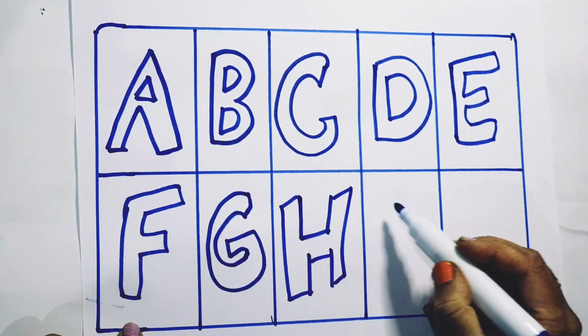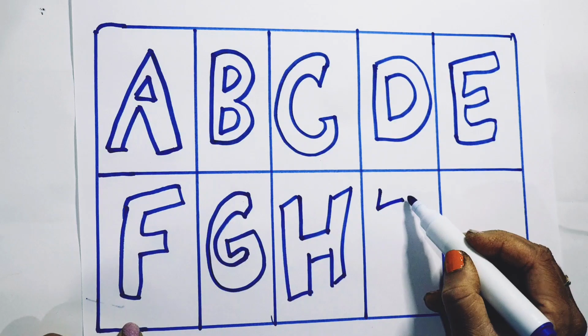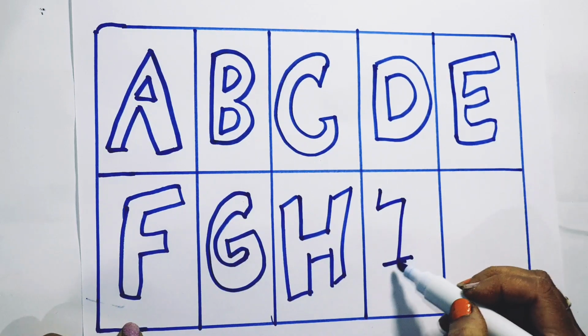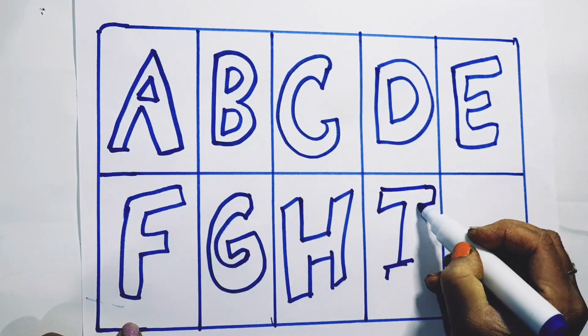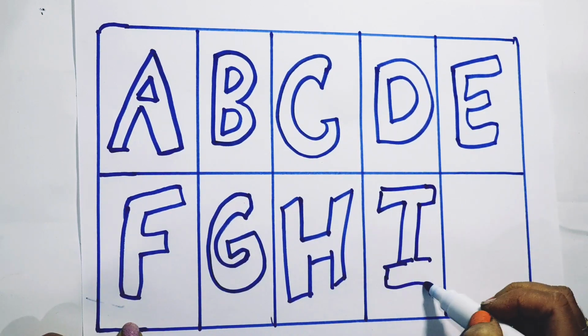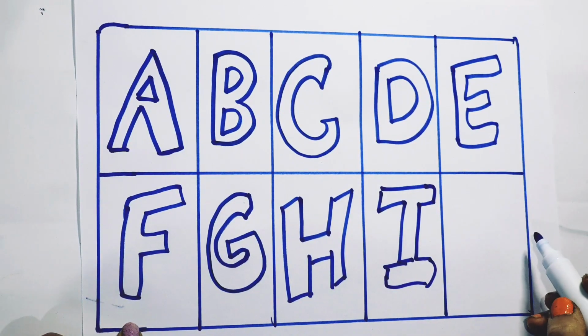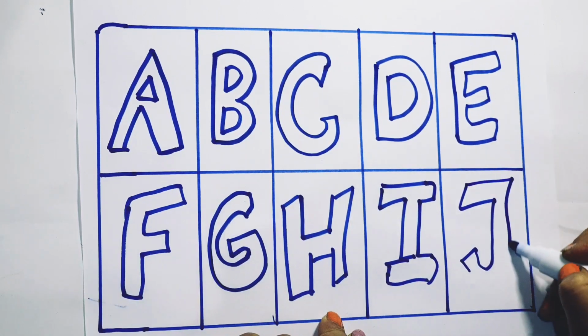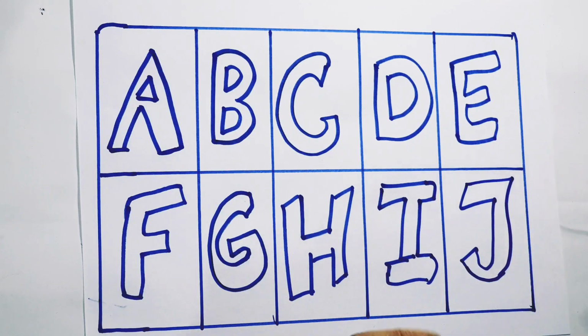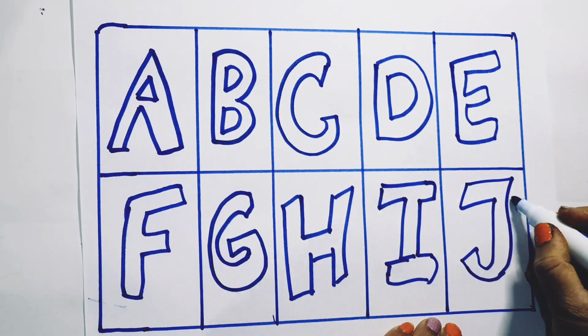H. H for house. I. I for eyes. J. J for joker.